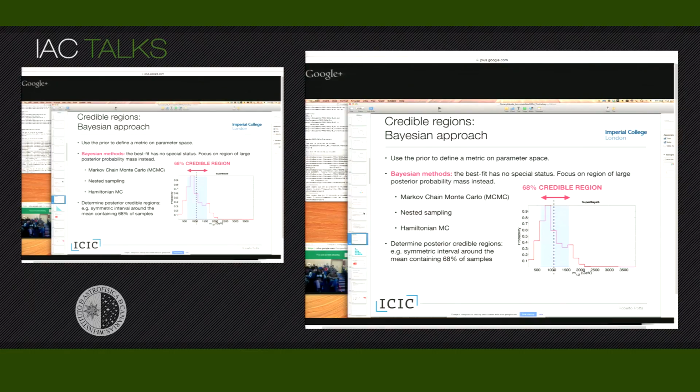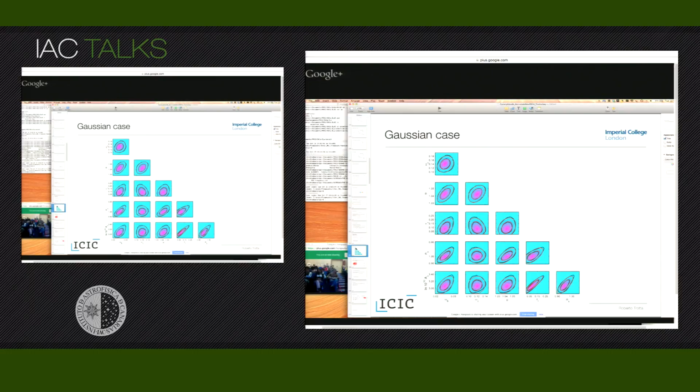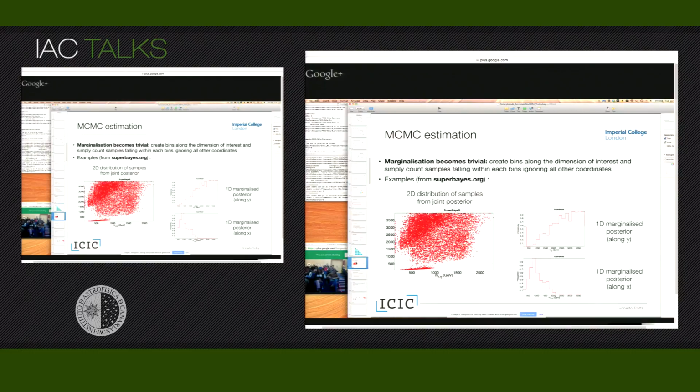But remember, in a Gaussian case everything is easy and simple, and you can do whatever you like, maximization or marginalization, and everything gives you the same result. If you're looking at something with very non-Gaussian and nasty multimodal distributions, then what you do really matters, and the scientific result of your inferences can be strongly dependent on the approach you take, whether you are maximizing, whether you are marginalizing, and which priors you choose.